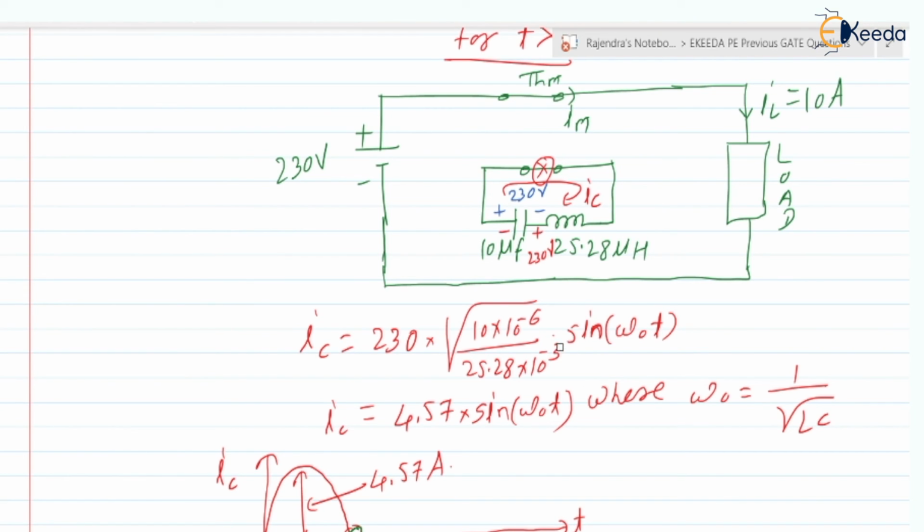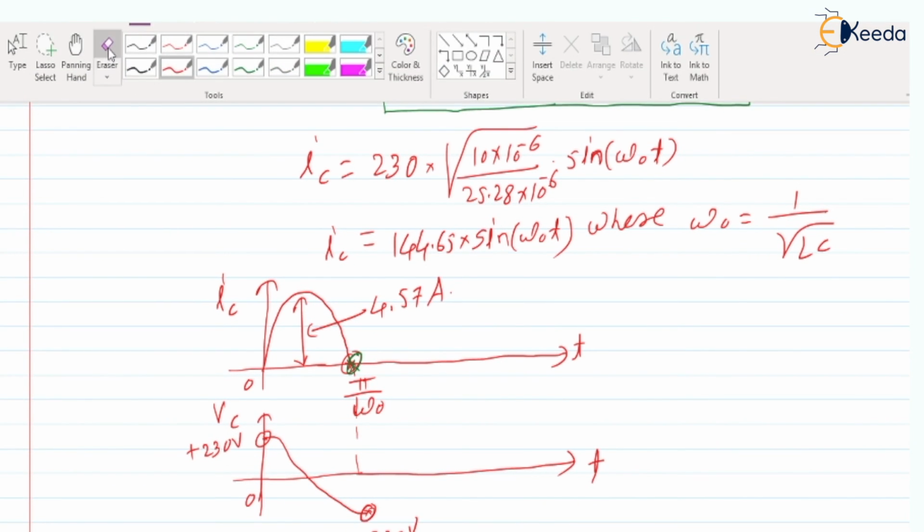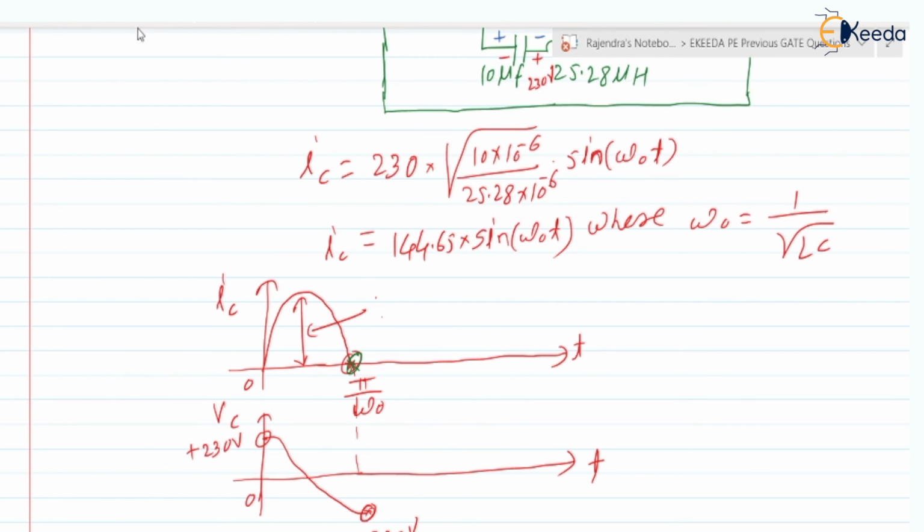So IC will be 144.6, right? This should be 10 to the power minus 6, okay? So this value should be 144.6.